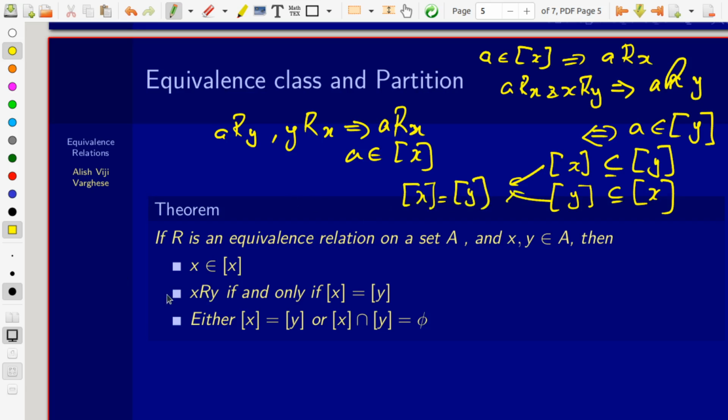So the second result: the equivalence class of x is equal to the equivalence class of y if x is related to y.